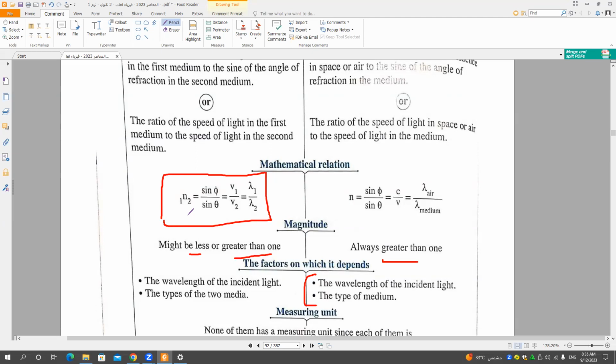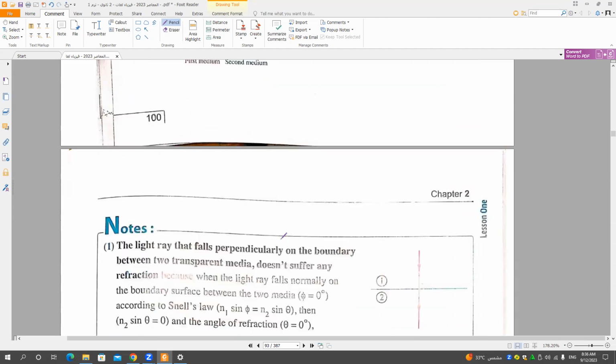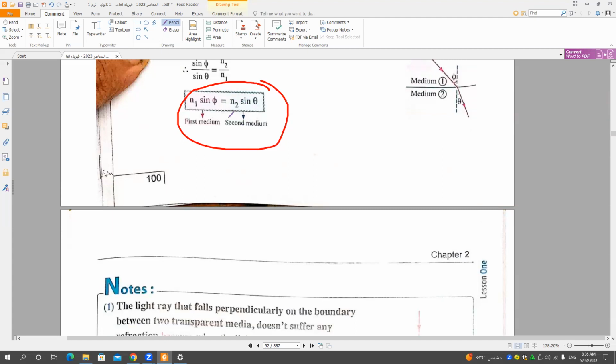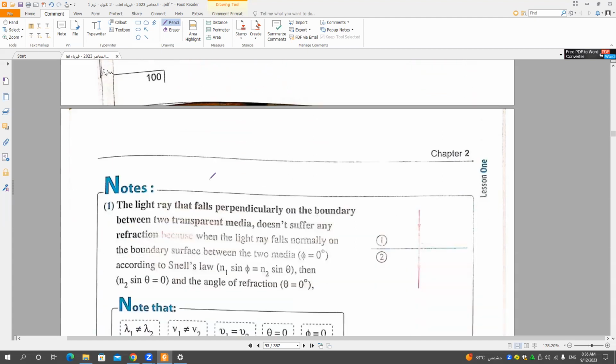Snell's law states what? The ratio between the speed of light in the two media equals the ratio between the sine of the incident angle and the sine of the refracted angle, which equals the ratio between the absolute refractive index of the second medium to the first medium, N2 over N1. So sine phi over sine theta equals N2 over N1.